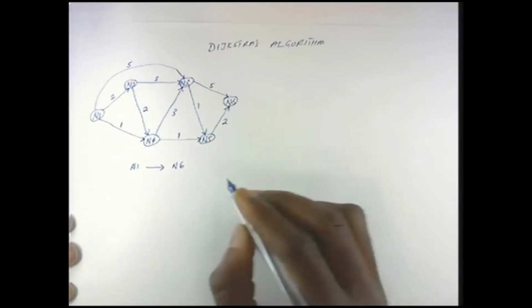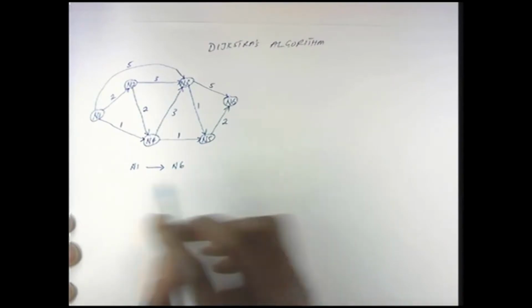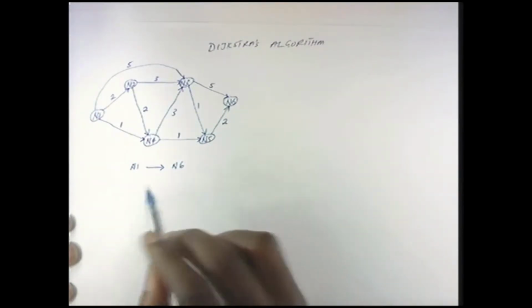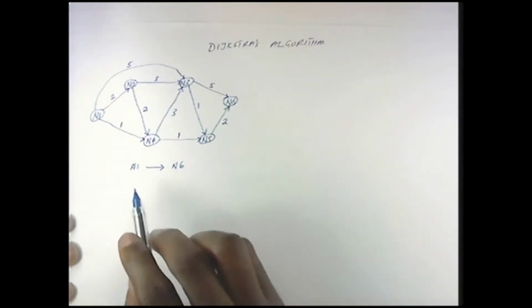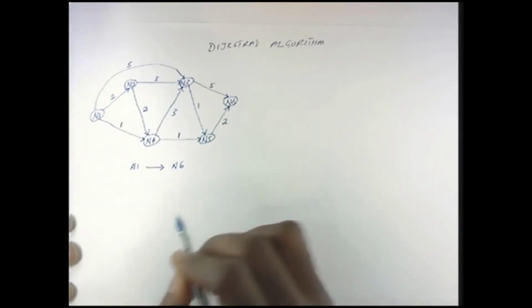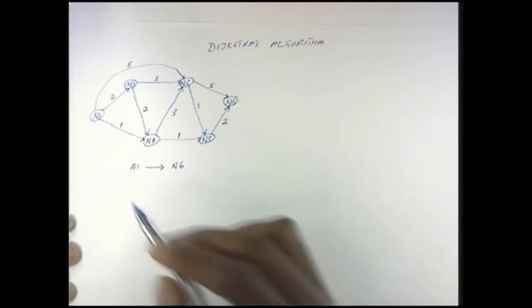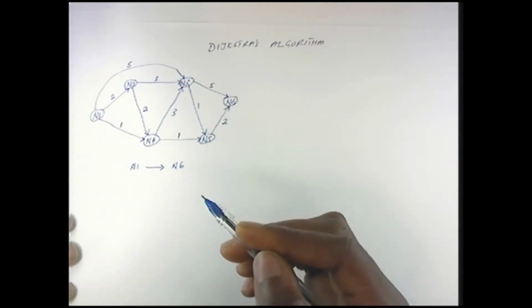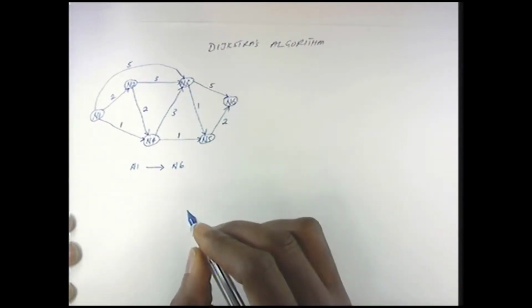The good thing about Dijkstra's algorithm is that by the time we are done finding the path from node 1 to node 6, we would have calculated the path to every other node. Now let's see how that is done.